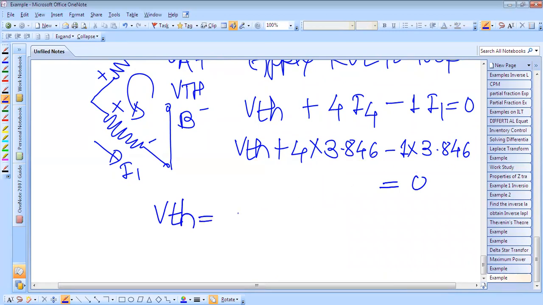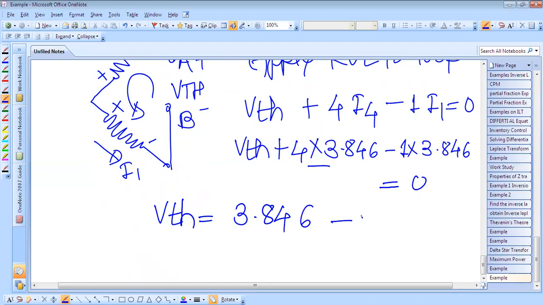If you shift this to this side, it will be minus, and therefore this is 4 into 3.846.